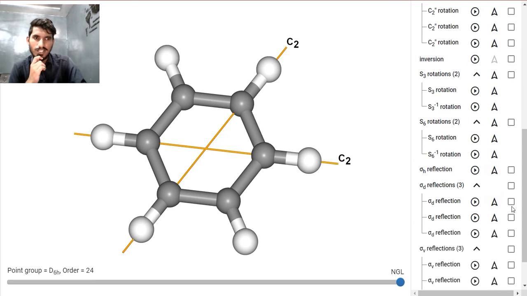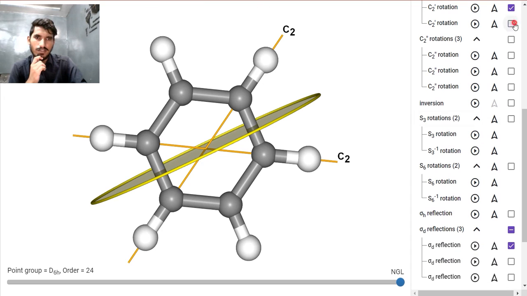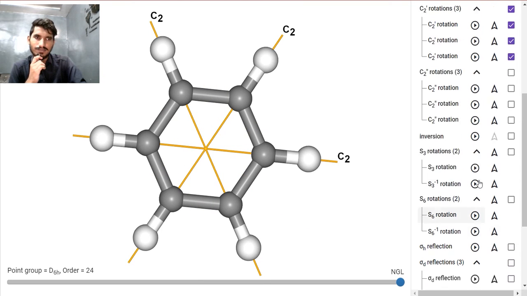So the first sigma d is going to be present between these two C2 axes. Again the next sigma d will be present between the next C2 axes. As you can see here, this sigma d is present between this and this C2 axis, and the last sigma d is present again between this C2 axis and this C2 axis. So sigma d's are present between the two C2 axes.